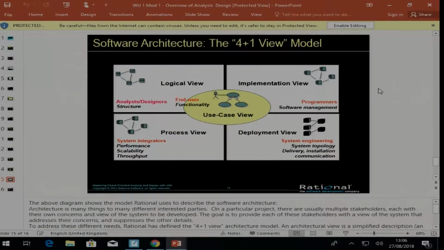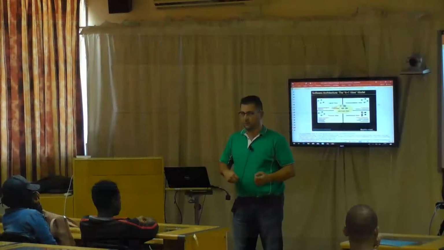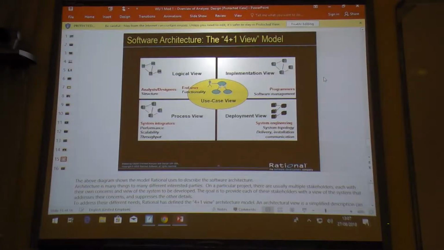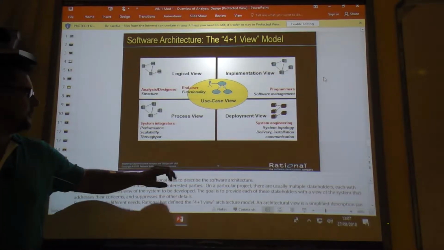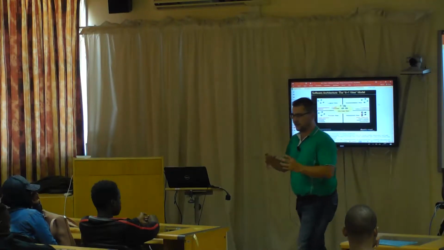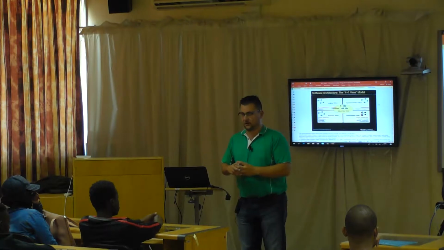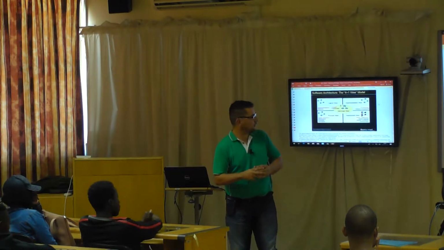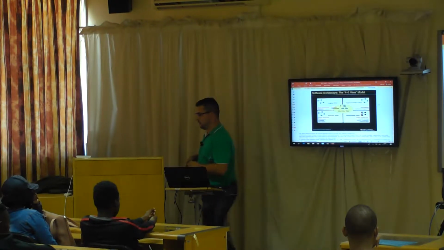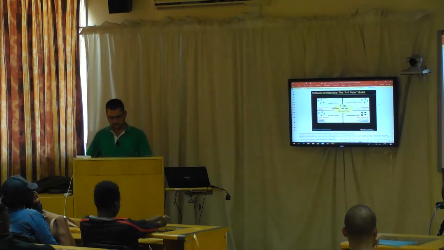If you have a system that is structured on multiple servers, or multiple connections or endpoints, then you might need to look at what is running where in terms of your deployment. Our process view can look at the integration and scalability of it. That's where the performance and throughput also come into play, and you might need to look at that.